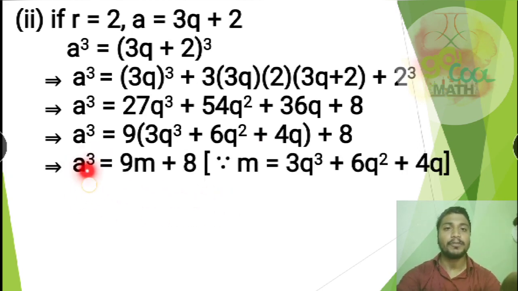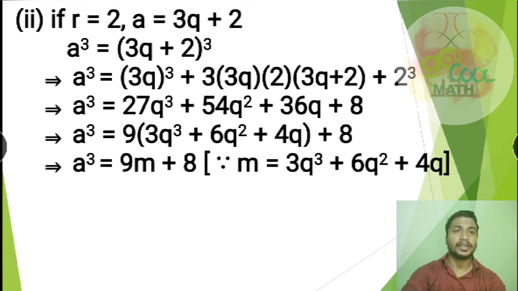Therefore, the cube of any positive integer is of the form 9m plus 8, where m is nothing but 3q cube plus 6q square plus 4q. Therefore, the cube of any positive integer is of the form 9m, 9m plus 1 or 9m plus 8. I hope you all understood these problems on Euclid division lemma.